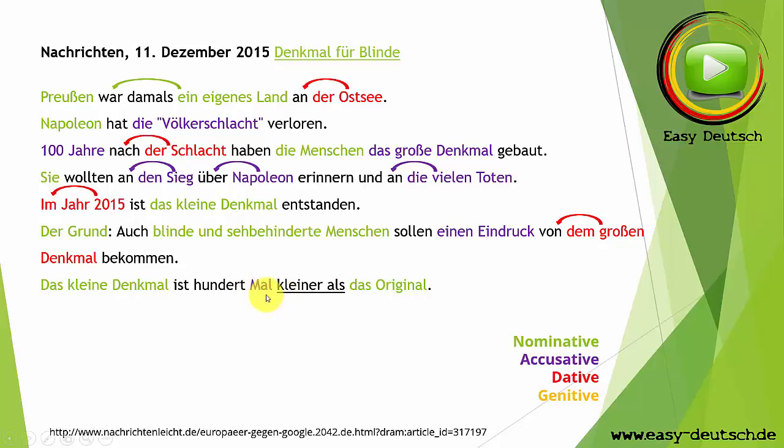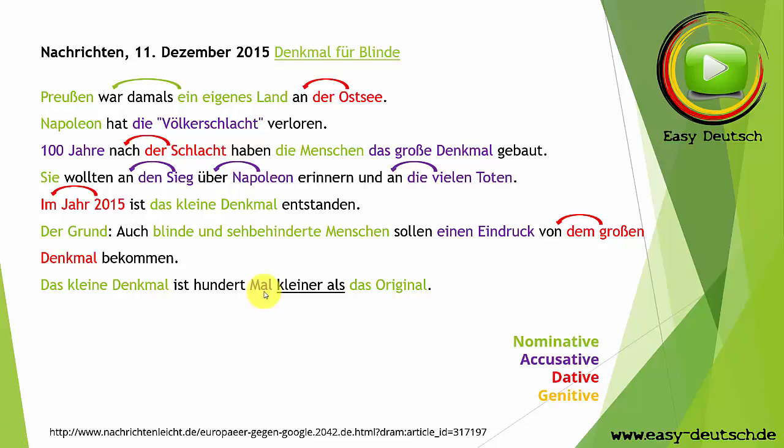That's why mal is not nominative case here, it's accusative case. Why? You remember for sure times and so on is always accusative. It's the same with measurements, because those are all just supplements, so non-necessary parts of the sentence.